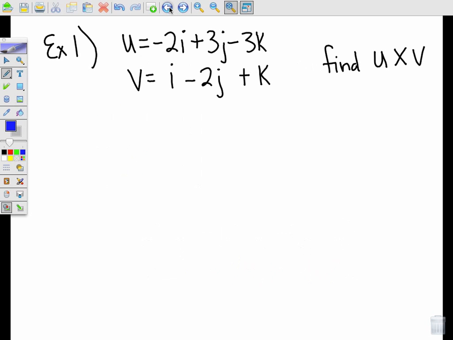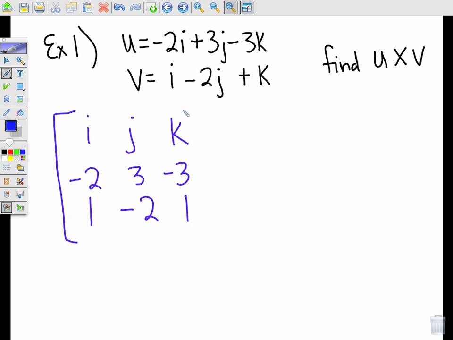Let's go ahead and take a look at an example here. We've got i, j, k, my first vector, -2, 3, -3, and then my second vector, 1, -2, and 1. This is my matrix, and the cross product of u times v.